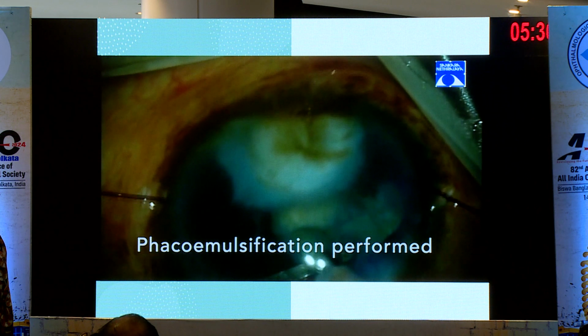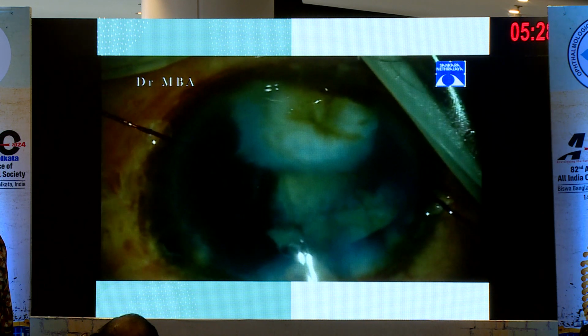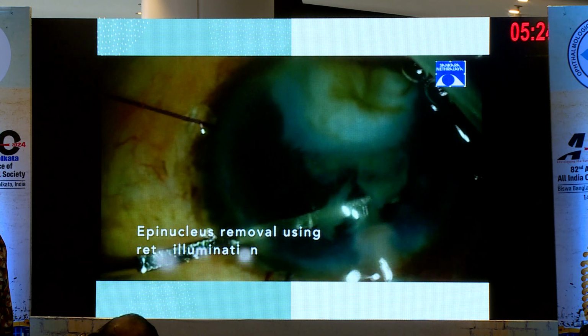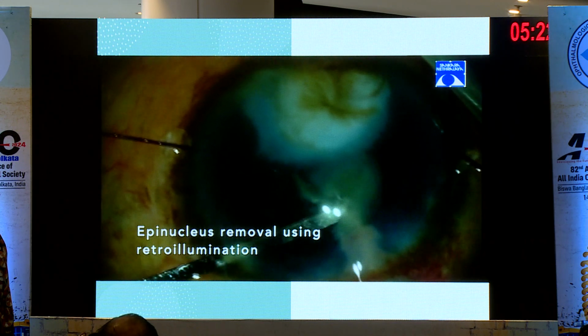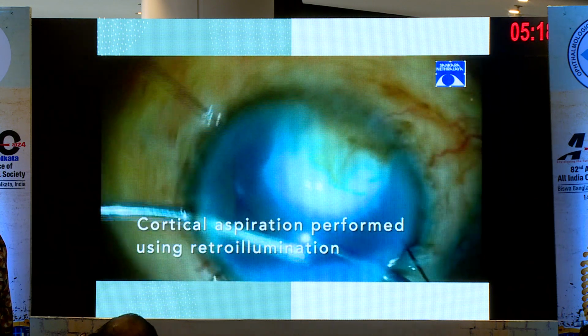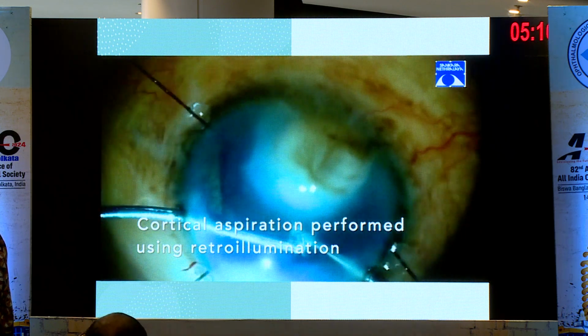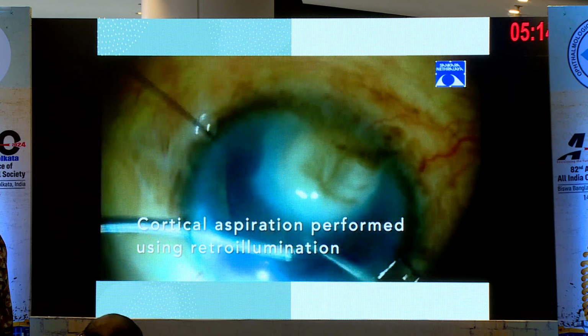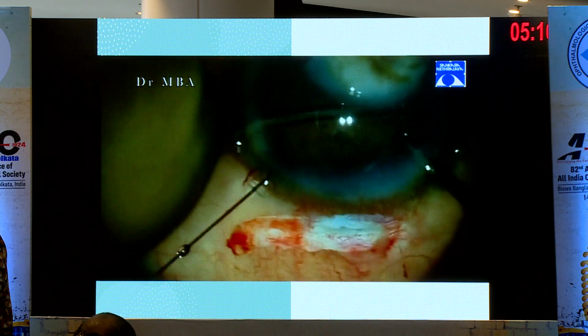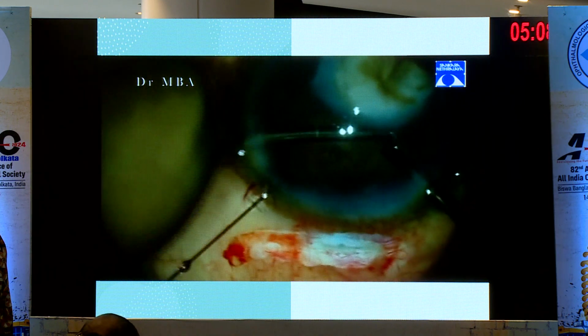Use of retroillumination to complete epinucleus and cortical removal here. Because the view becomes quite hazy, and unless we use an endoilluminator, it's difficult to even delineate the rhexis margin at the end of surgery to decide the type of IOL.